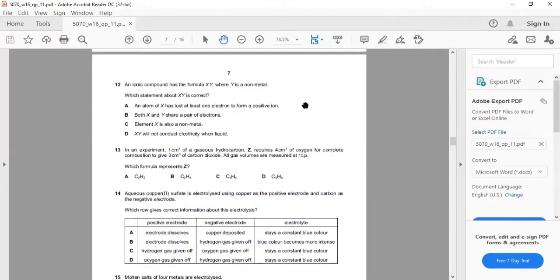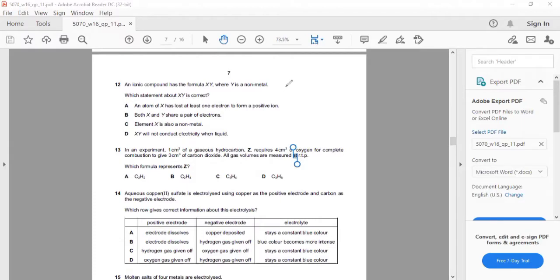Ionic compound is the formula XY where Y is a non-metal. Which statement about XY is correct? An atom of X has lost at least 1 electron to form a positive ion.